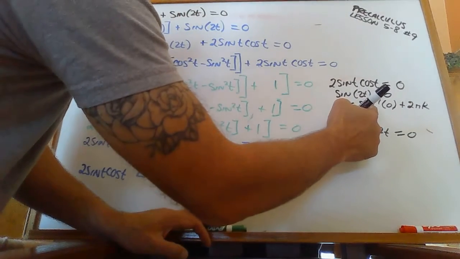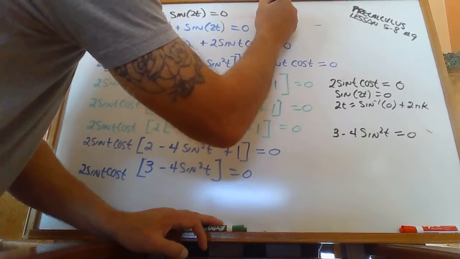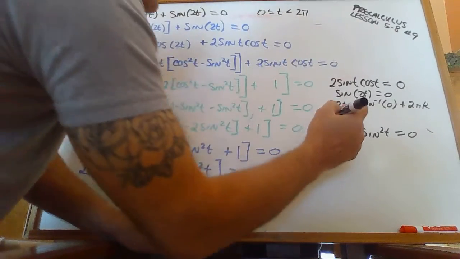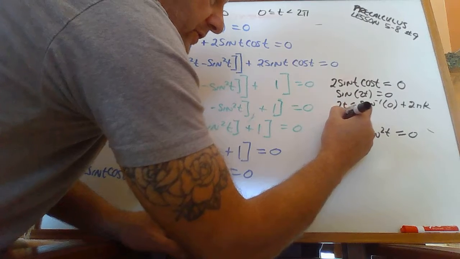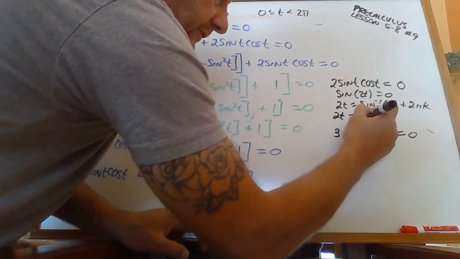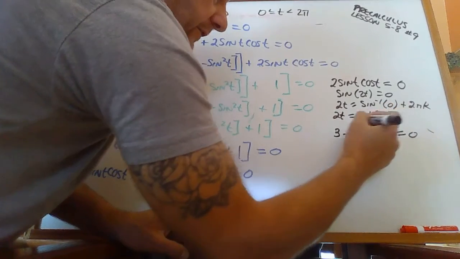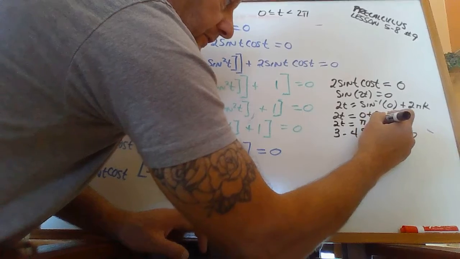That's 0, and that's also pi. Oh, by the way, this is between 0 less than or equal to t less than 2 pi. So this is going to be 2t equals 0 plus 2 pi k, and it's also 2t equals pi plus 2 pi k.